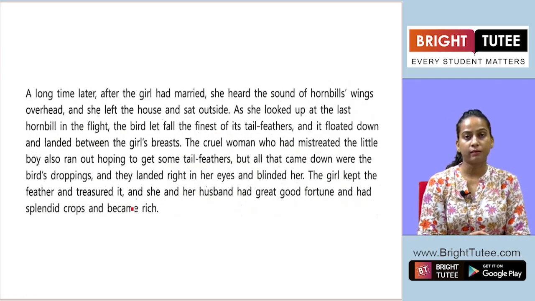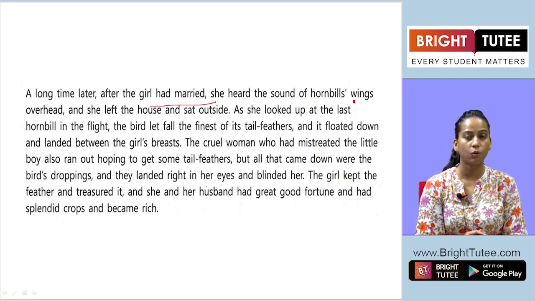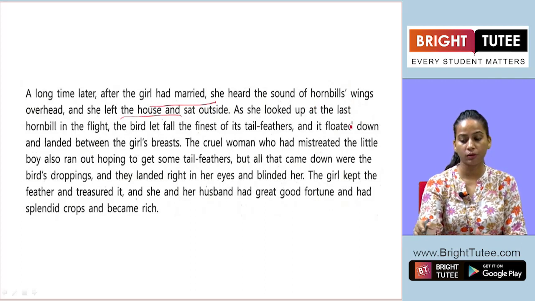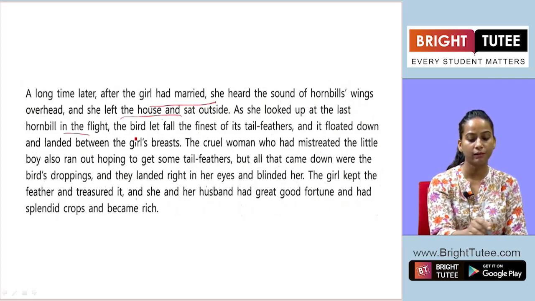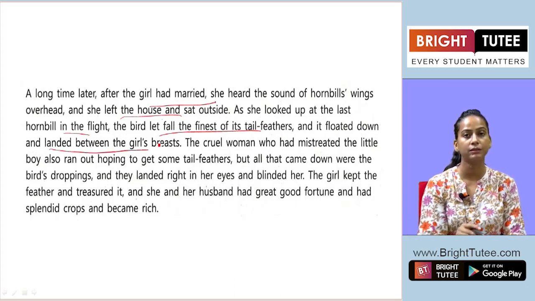A long time later, after the girl had married, she heard the sound of the hornbill's wings overhead, and she left the house and sat outside. As she looked up at the last hornbill in the flight, the bird let fall the finest of its tail feathers, and it floated down and landed between the girl's breasts.